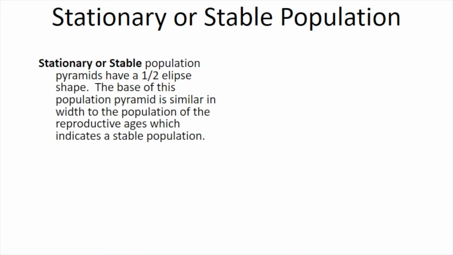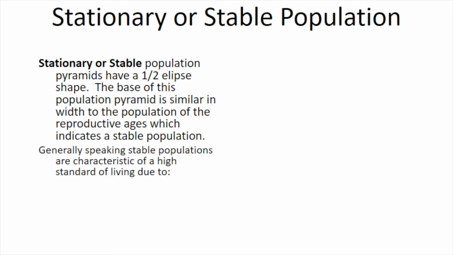Next, stationary or stable population. A stationary or stable population pyramid has a half ellipse shape. The base of this population pyramid is similar in width to the population of the reproductive age, which indicates a stable population.